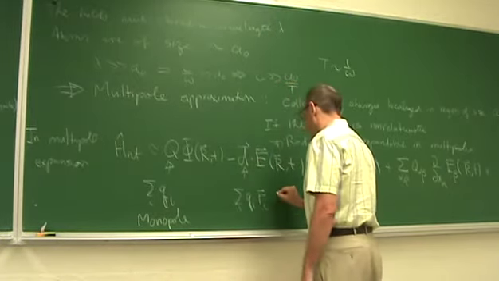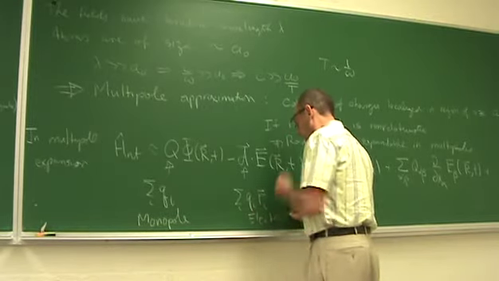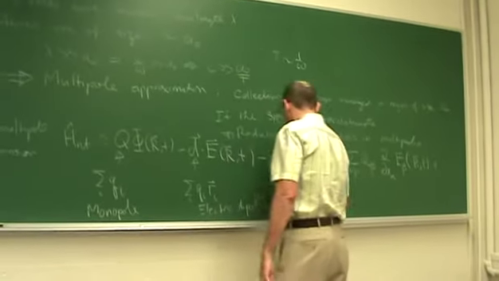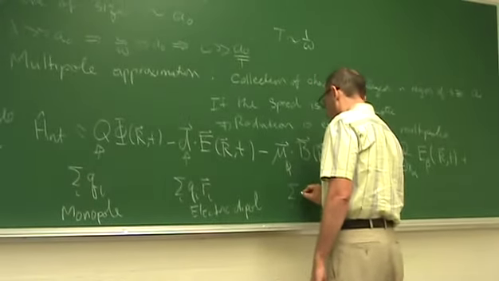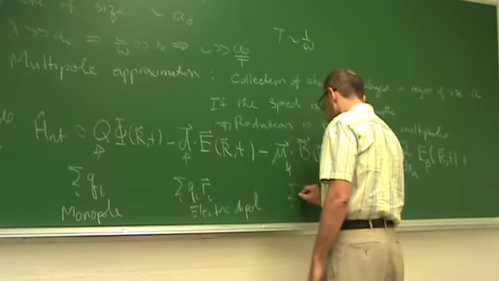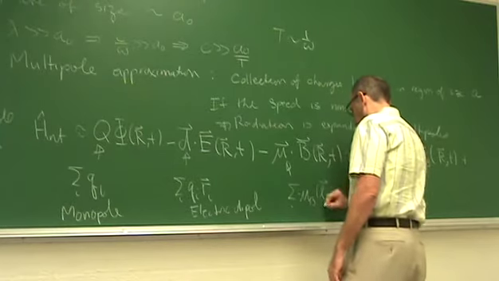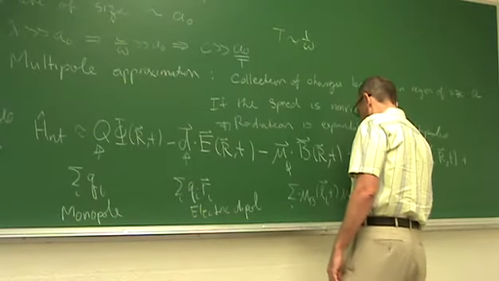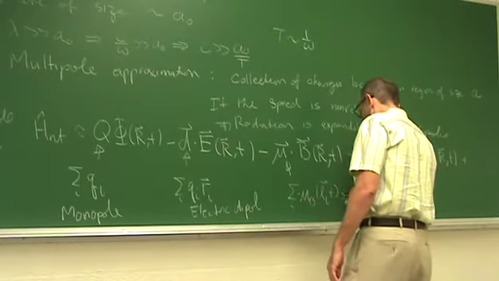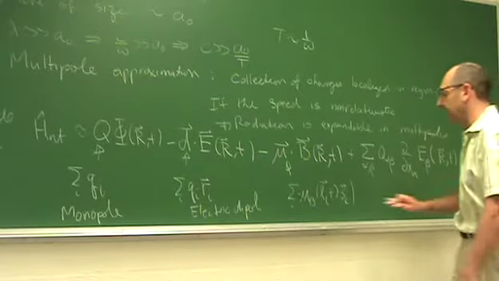That's the electric dipole. Mu here is the sum of all the magnetic moments of all the electrons. Let me ignore the nuclear spin contribution. It's there, but it's tiny.